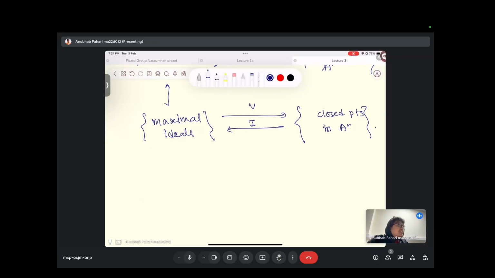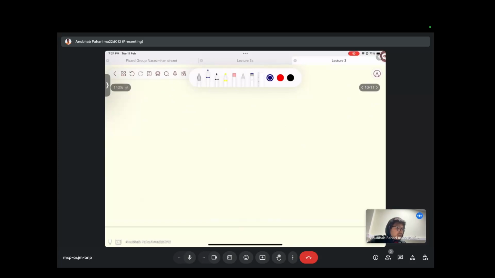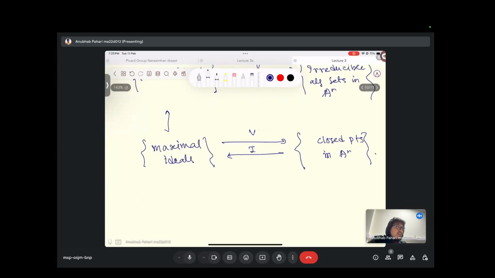Now we'll do an exercise which is called a twisted cubic. It's actually a good exercise.